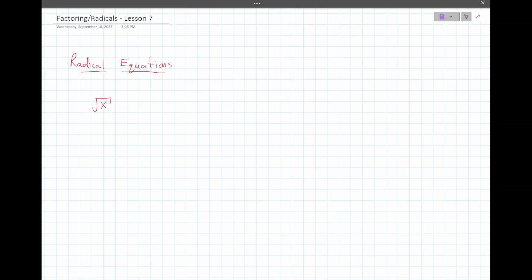One thing that we need to note about radical equations is, let's say we have root x here. Anything that comes out of root x is always going to be bigger than or equal to 0, because a negative number won't come out. Whenever I take a square root, it's always going to be positive. So if I had root 9, that's just going to be 3. If I had root 25, that's going to be 5.